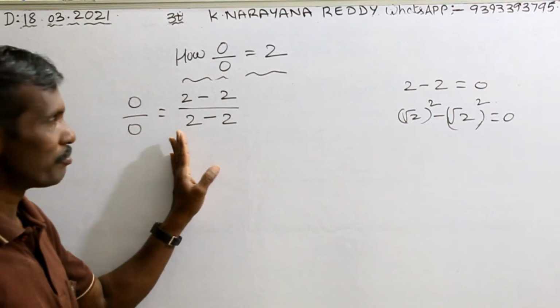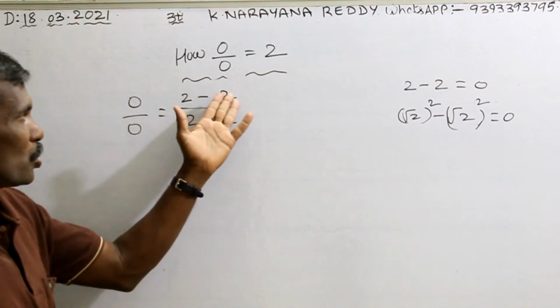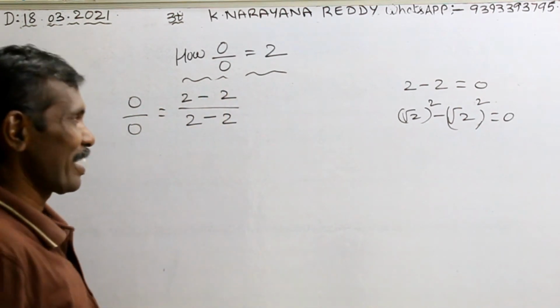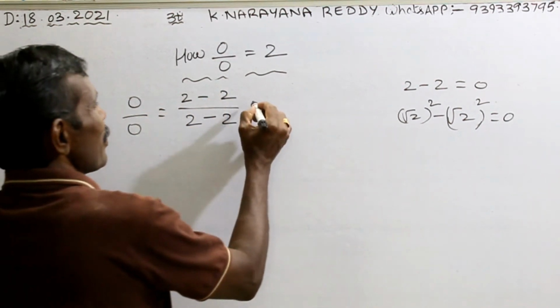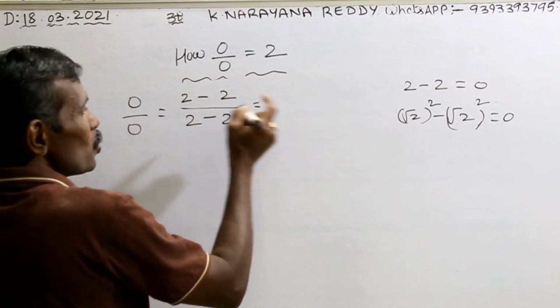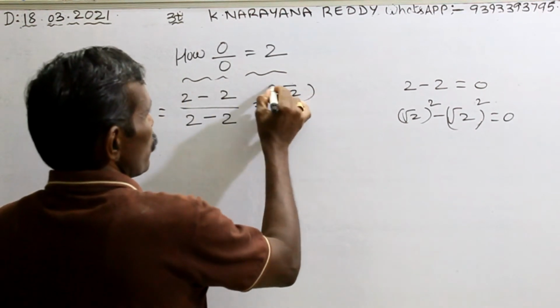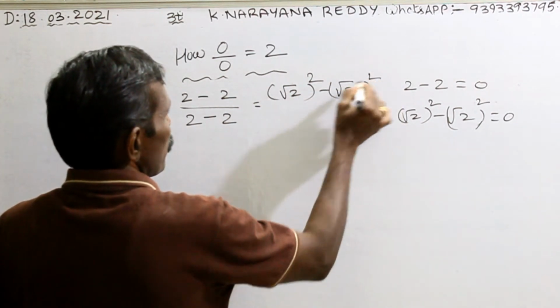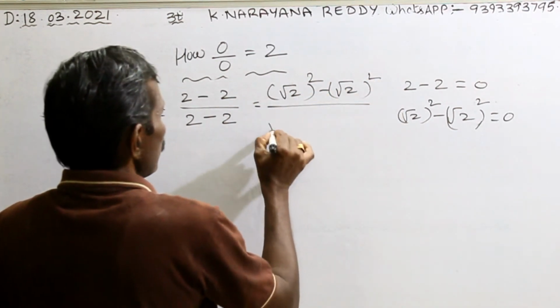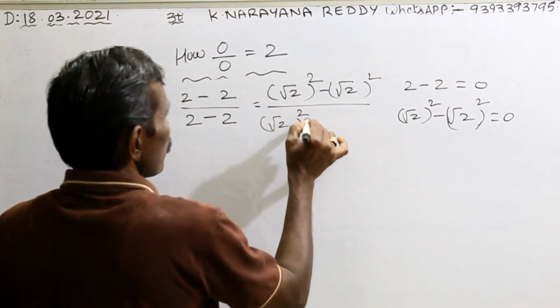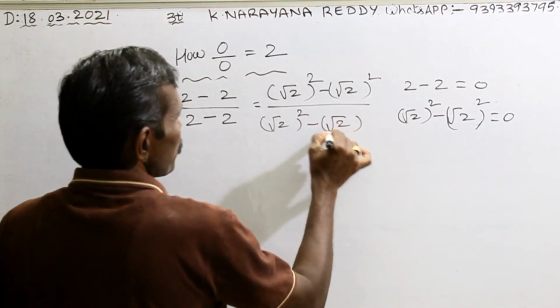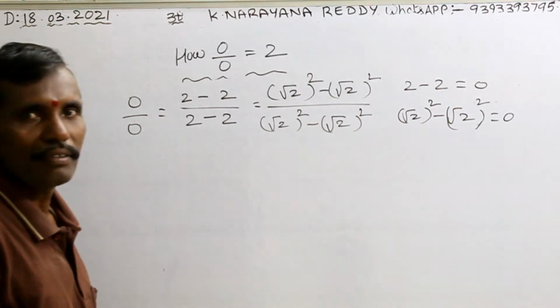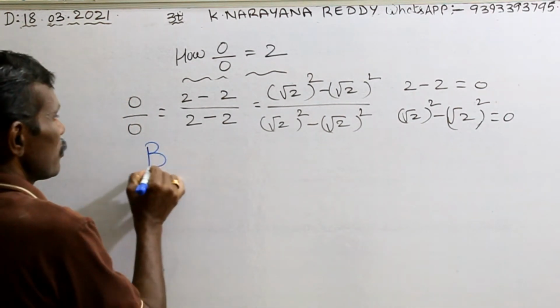Is it correct or not? Yes, right. 2 minus 2 is 0, 2 minus 2 is also 0. Now, I will take 2 as root 2 square. Root 2 square minus root 2 square by root 2 square minus root 2 square. Anything wrong? No, nothing wrong.